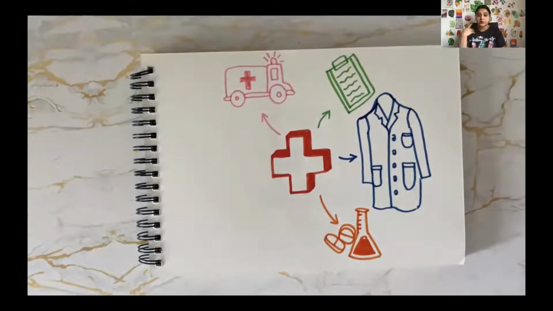The reason I've drawn an ambulance is because it's another very, very important and integral part of a hospital itself. So apart from these few departments, like I mentioned, of surgery, of consultation, of testing and research, you have something called the emergency unit, or the emergency department, or trauma department of any hospital.